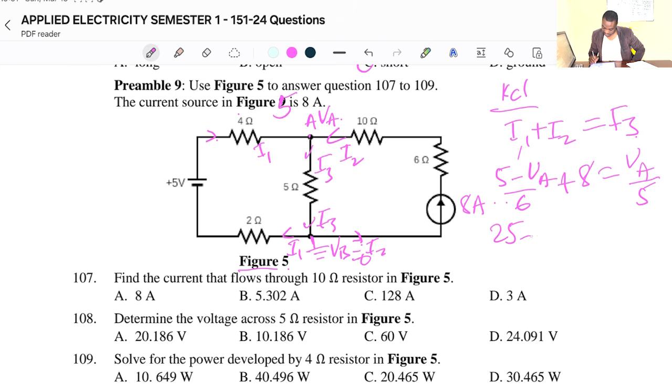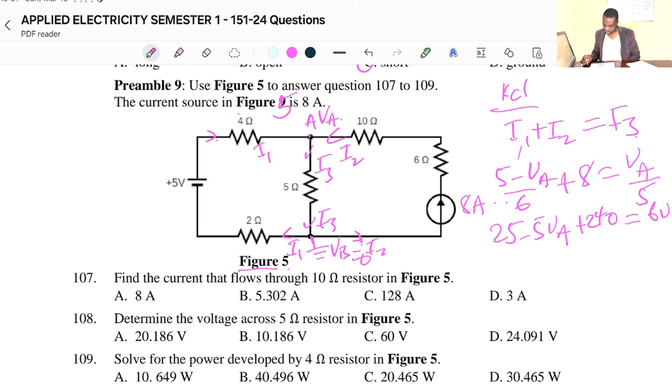So here will be 25 minus 5 VA plus 30 times 8, that is 3 times 8, 24. Then here, multiplied by 30, will be 6 VA.